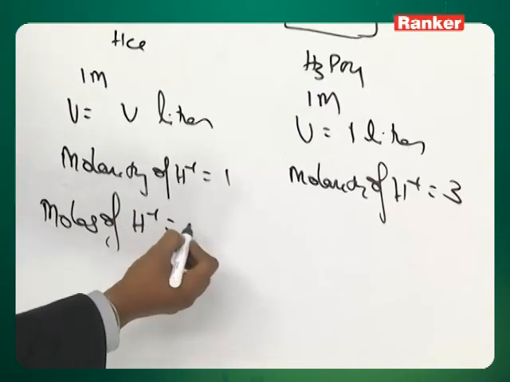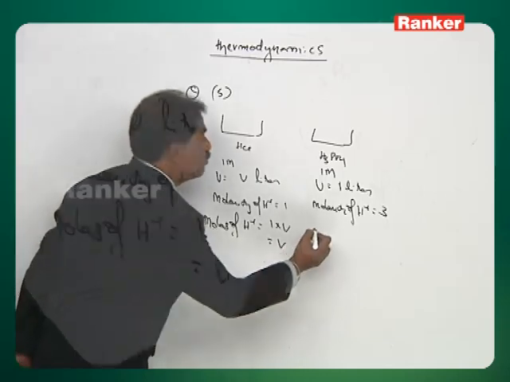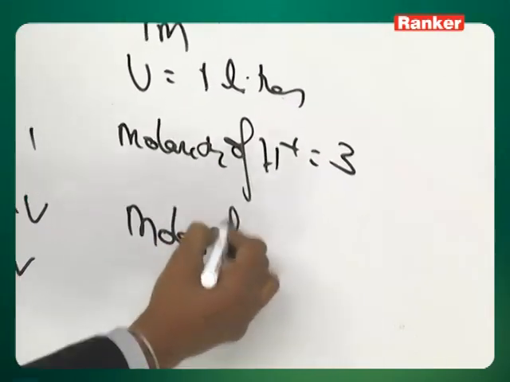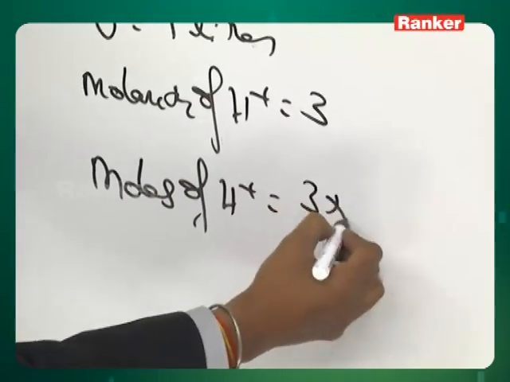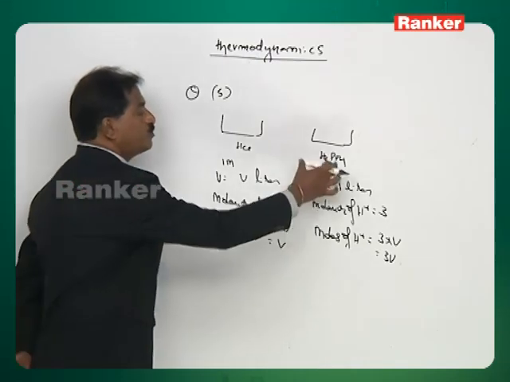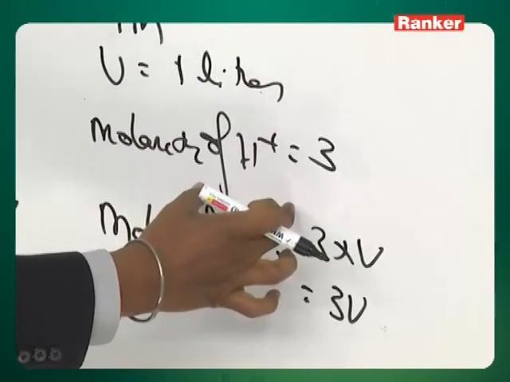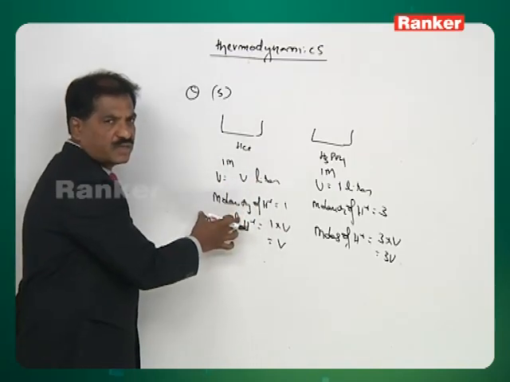Moles of H plus is 1 into V. Here it is 3 into V, so 3V. So in the H3PO4 solution, the total moles of H plus ions are 3 times greater than in the HCl.